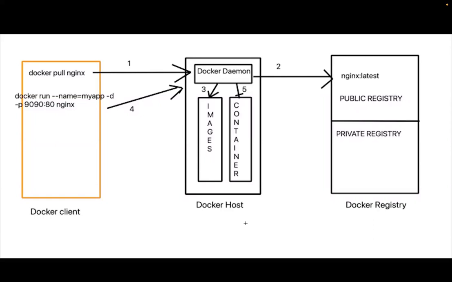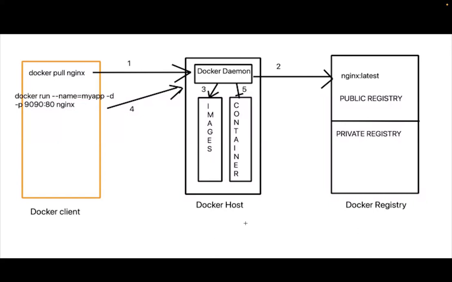No, it will be using the same image on the Docker host. If you want to run the same image as a container, it will use the same image and run as containers. Two times it will be running as containers, because you are running two times with a different name.